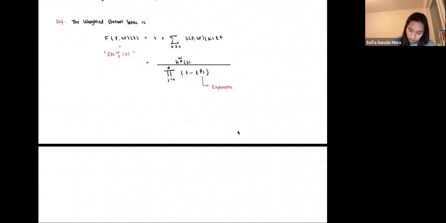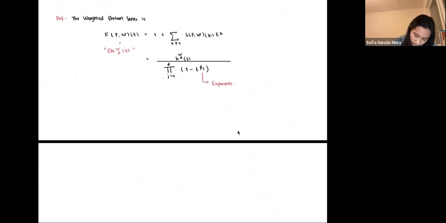Okay, so our goal was basically to generalize Stanley's result. And so what was Stanley's result? Well, Stanley's result had to do with the non-negativity of the H star coefficients, right?